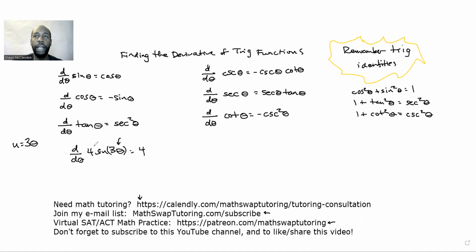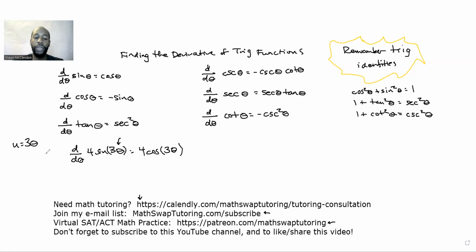The main thing is that this constant stays on the outside, just like if you had a 4x or something like that, you keep the constant there. So anyway, what's the derivative of sine? That's going to be cosine.